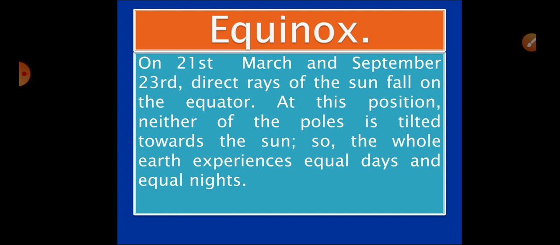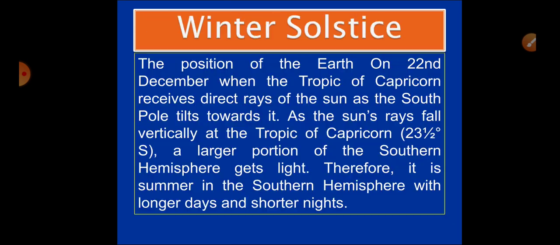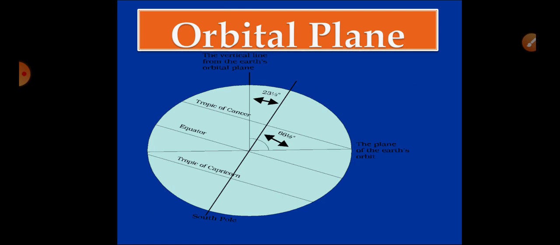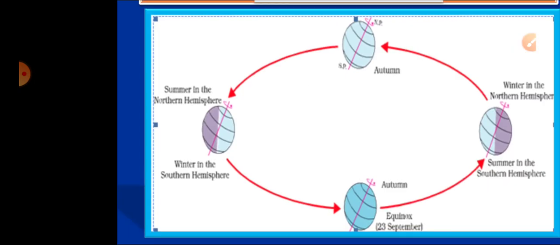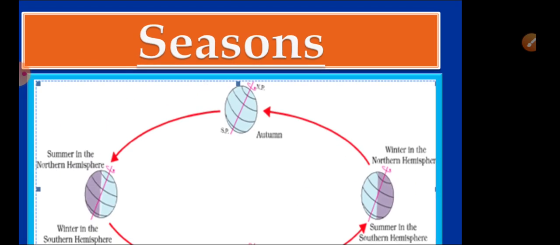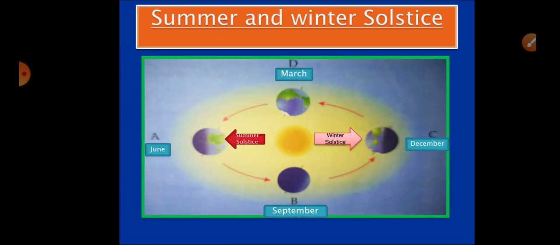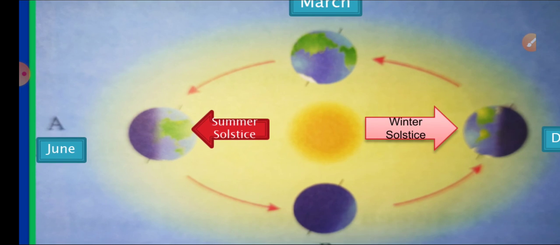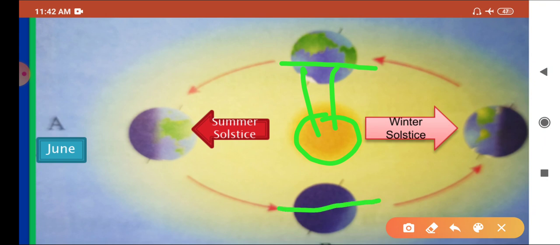Here I am showing you in one of the slides. Here you can see that direct rays of the sun fall on the equator on this day. Here you can see that the sun is in the center, and in this position, this is the equator of the earth.